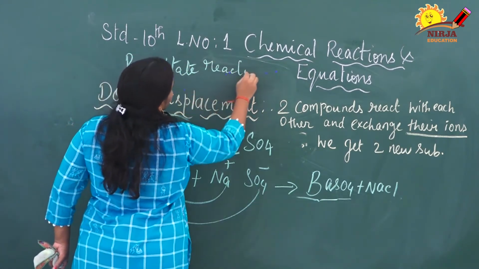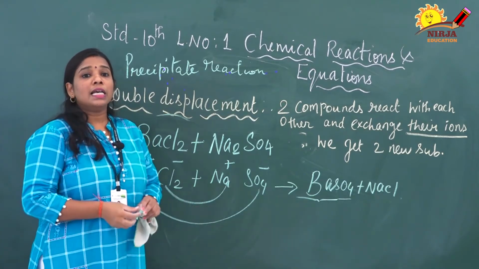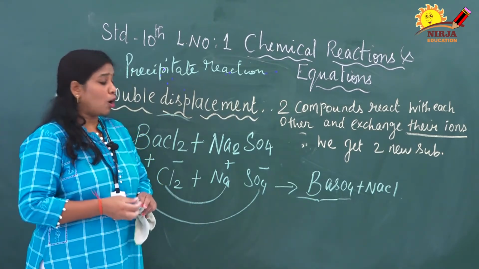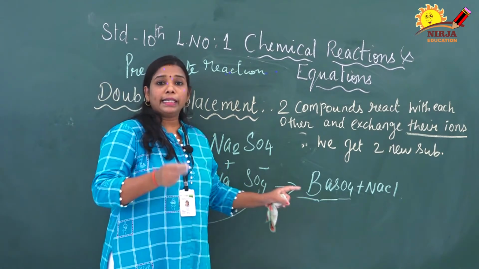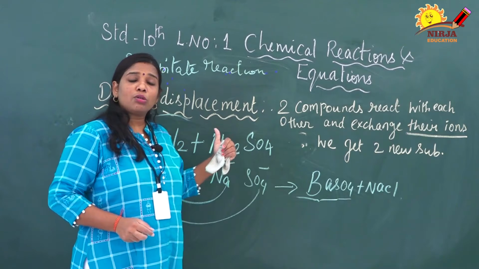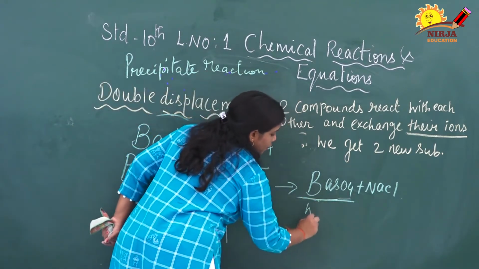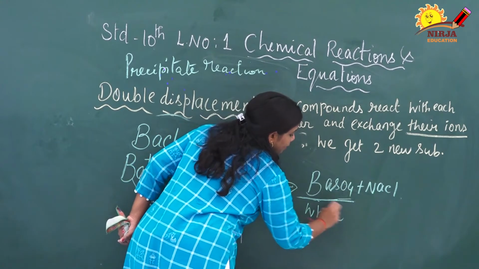Why can we call it a precipitation reaction? During the exchange of ions, one of the compounds makes a precipitate, it deposits down. So, that is why this double displacement reaction is called a precipitation reaction. In this reaction, the barium sulfate makes a white colour precipitate.